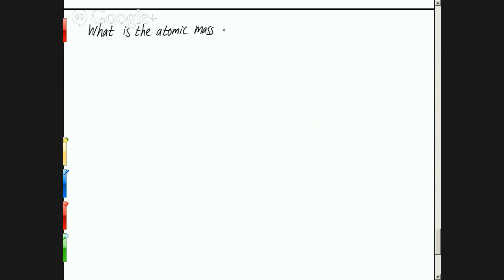What is the atomic mass of a chlorine atom with 18 neutrons?